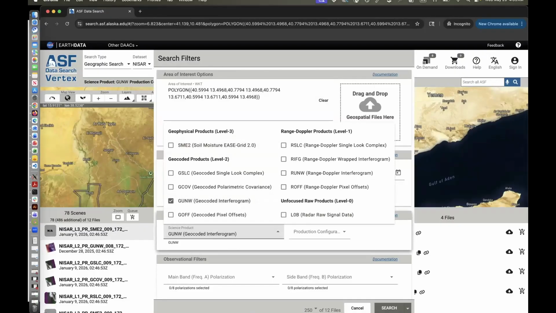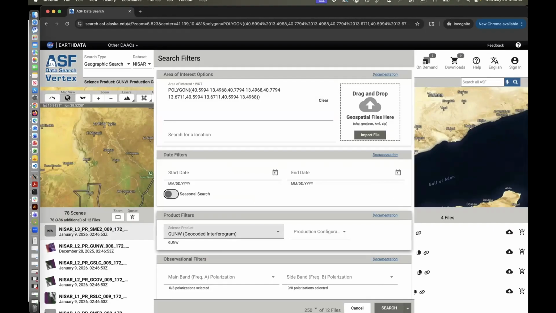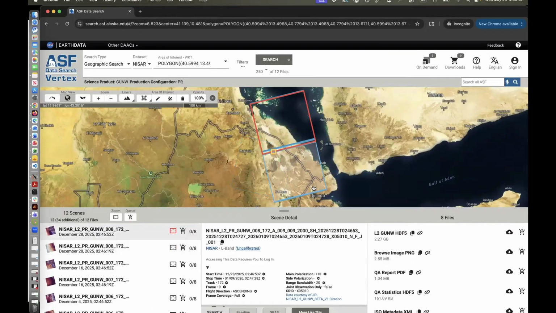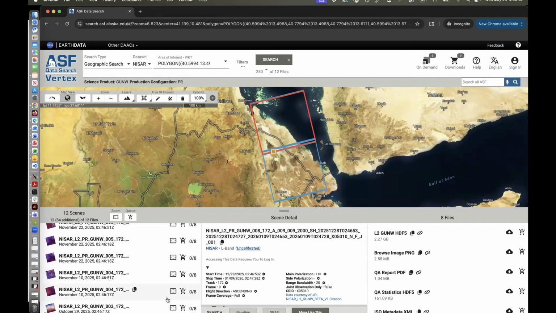We'll click that and then click search here. These are all the GUNW products made available for this region when they released the uncalibrated sample products. We're interested in the dates between November 2025 and December 4.